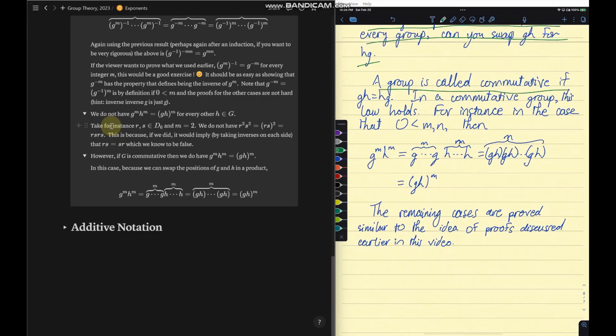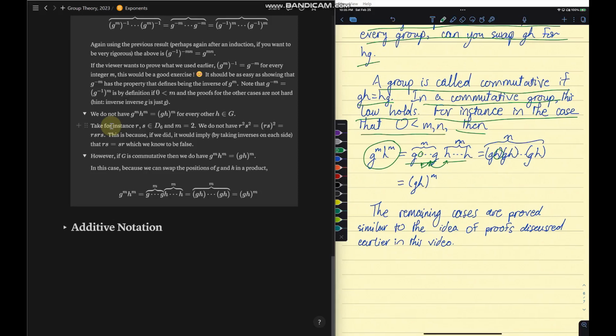A group is called commutative if gh equals hg. In a commutative group, this law does hold. For instance, in the case that m and n are both strictly positive, then we could take g to the m, h to the m, write it out as so many products. Then, due to commutativity, we can swap the g and the h around here, and we can swap and swap until eventually the h gets written right next to g.